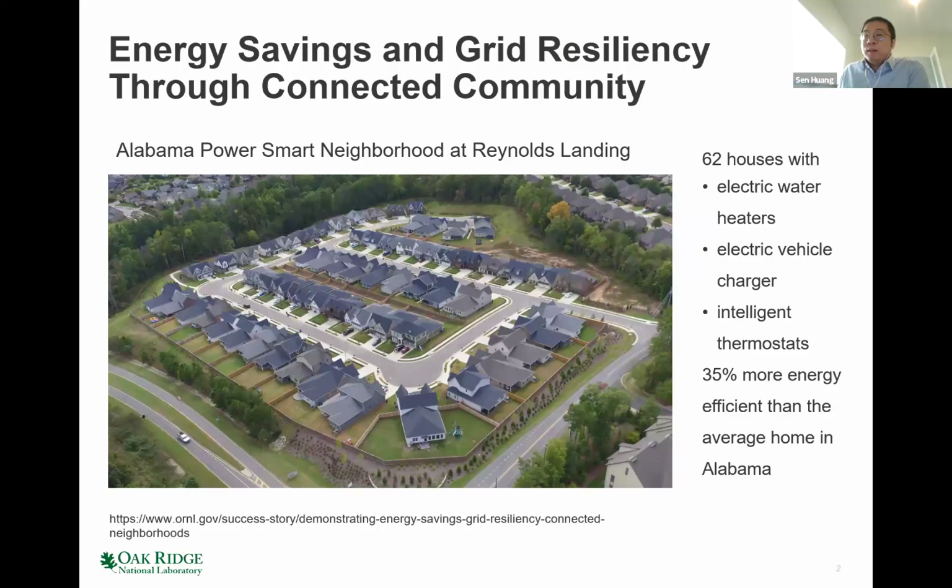In that device, we install the IoT software so that we are able to communicate with all the appliances in these houses. For example, we utilize Wi-Fi to talk to the water heater and use Modbus to communicate with the charger.